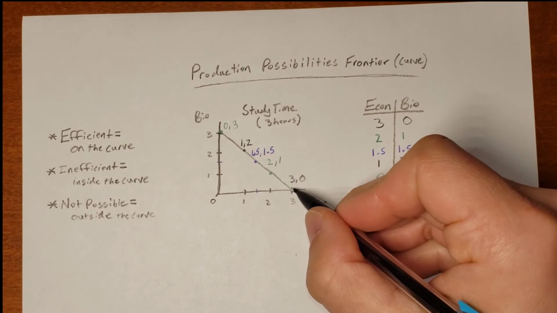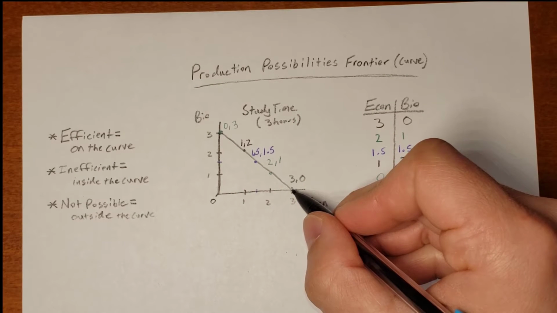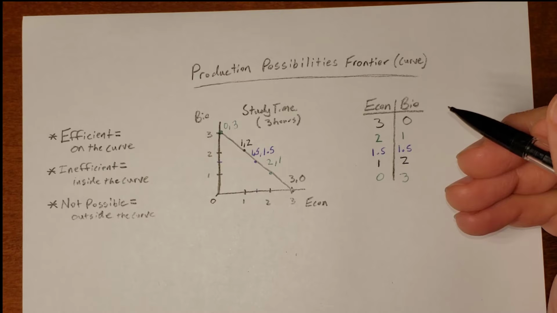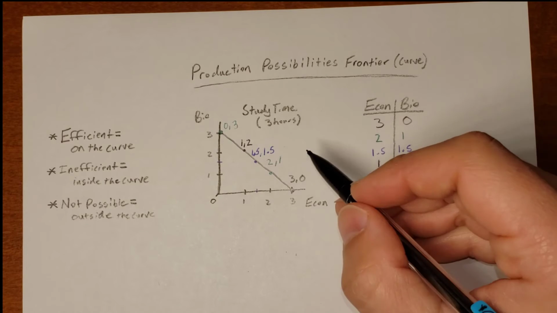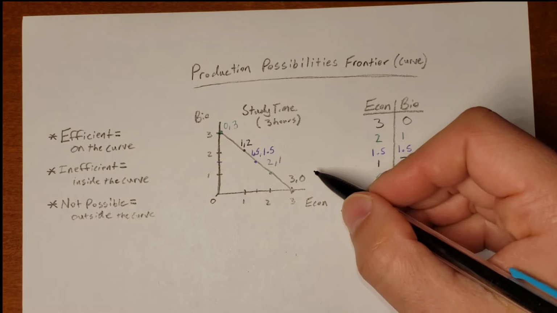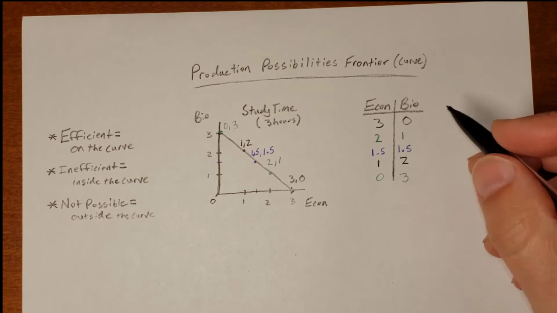Anything on this production possibilities frontier, that is, that's on this line, and we could break it down in terms of minutes, right? So maybe we could have 2 hours and 30 minutes of economics, and then maybe 30 minutes of biology. You could break it down to seconds if you wanted. For our purposes, we don't need to go that far.